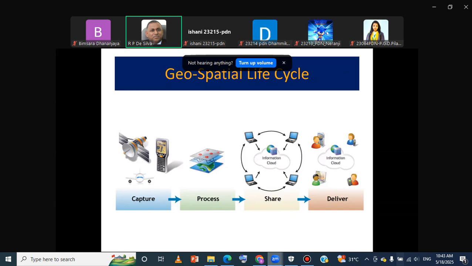You need to have the entire life cycle improved or taken care of if you want to develop the industry. So that's very important when it comes to the spatial data industry, or the data industry supported by the spatial data infrastructure.